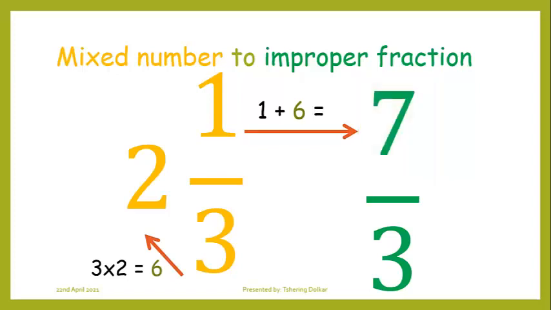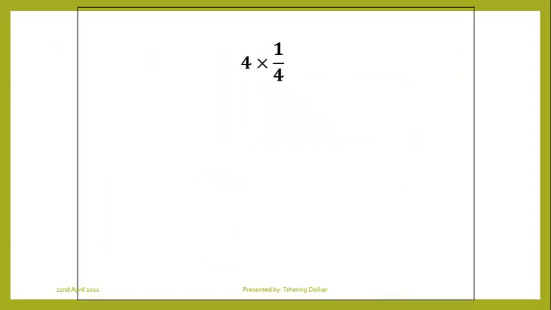So there we go, we get our improper fraction. 2 whole and 1/3 is equal to 7/3, which means there are 1 over 3, 7 times. 7 over 3.